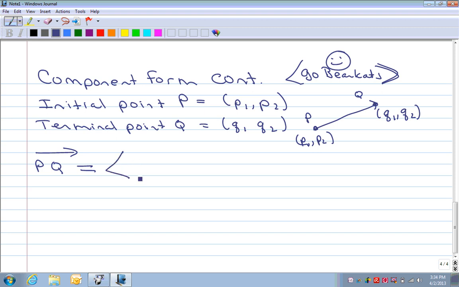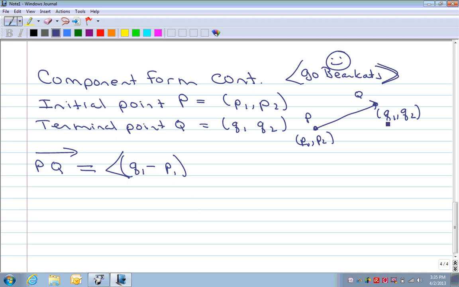All right, we would set this up, and we would do Q sub 1 minus P sub 1. And that would be your x value, or the V sub 1, that's going to equal our V sub 1.